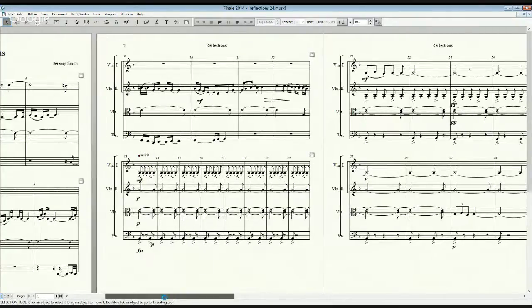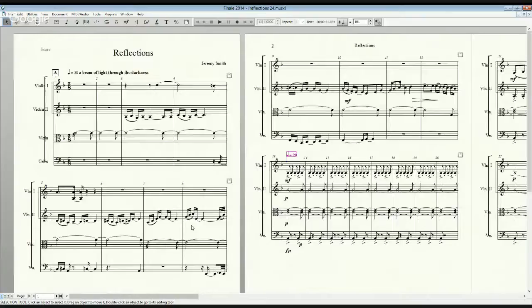The articulations, the dynamics, the bowings, I think, are pretty obvious. They're going to want to down bow on that if they don't want to down bow everything.